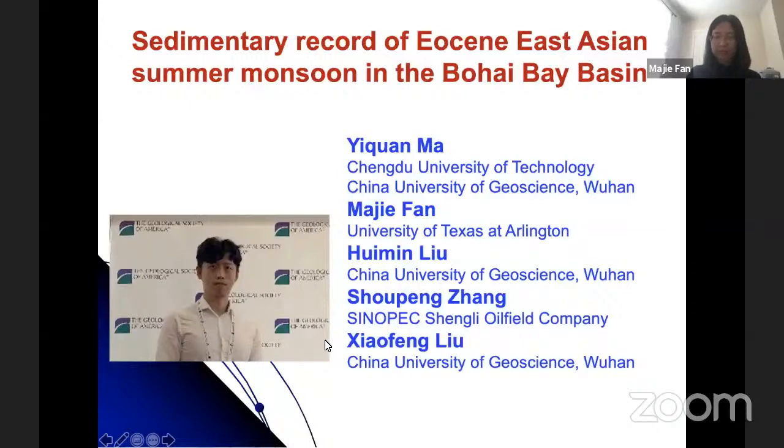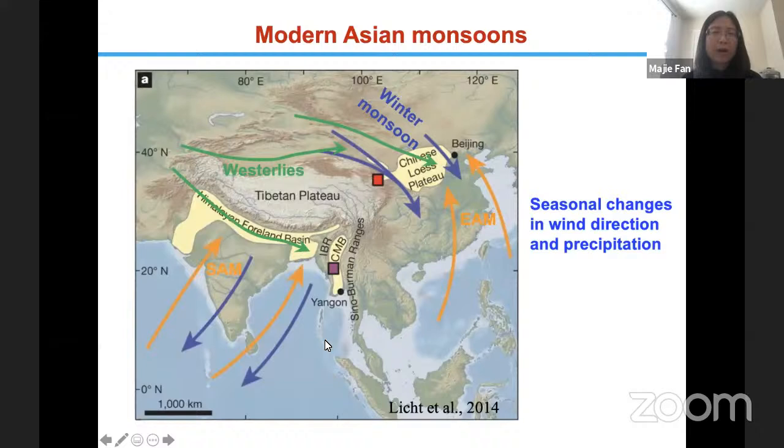Okay, so let's start from the modern Asian monsoon. This picture was from Alex's paper, basically showing the modern Asian monsoon that includes the winter monsoon that blew southeastward. And then the Asian summer monsoon includes two branches. For most people, we agree on that. That is the Eastern Asian summer monsoon and the South Asian summer monsoon.